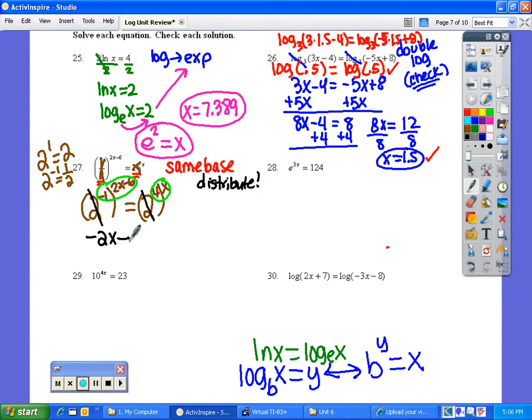Negative 1 times negative 6 is positive 6. 4 times x is 4x. So for balance purposes, you add 2x on both sides. 6 is equal to 6x. Divide by 6. X equals 1.